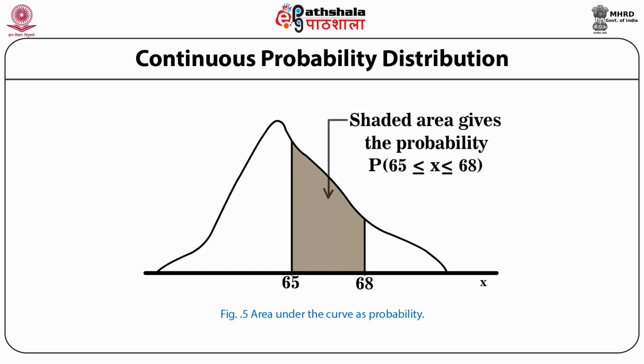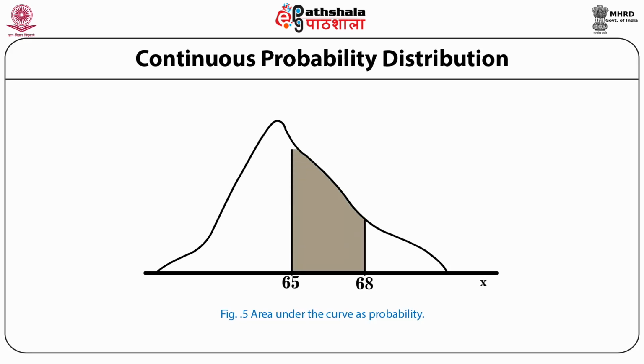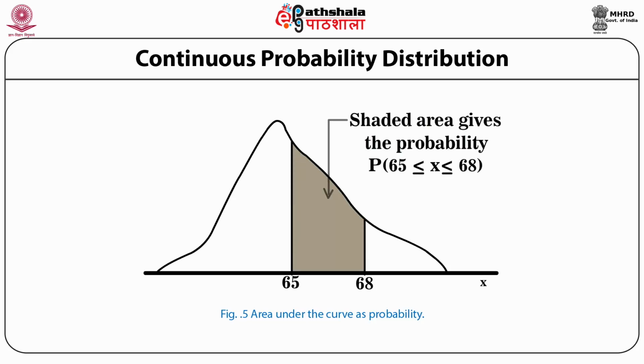Now at the point 67, x equal to 67, we will say that the area for the single value of x is 0. We will show it like this: probability of x equal to 67 is 0.